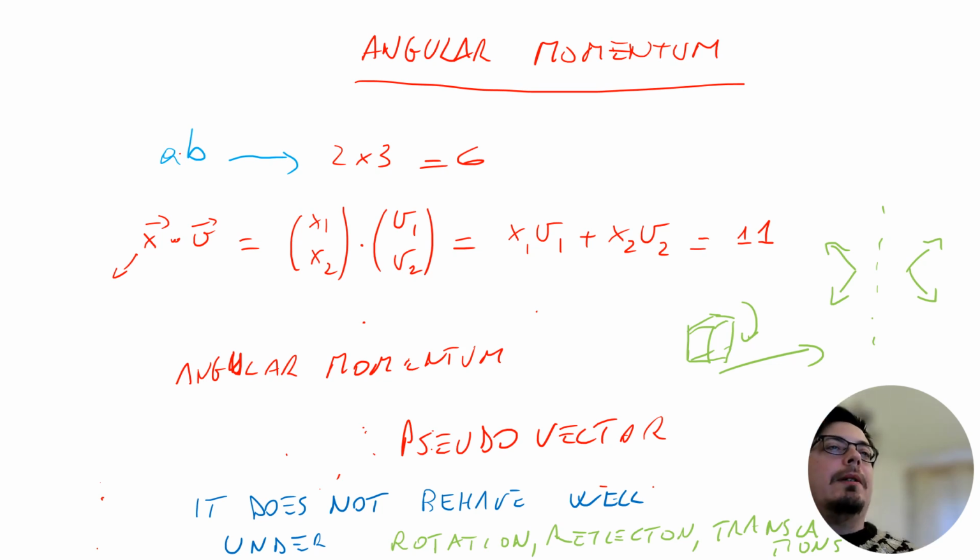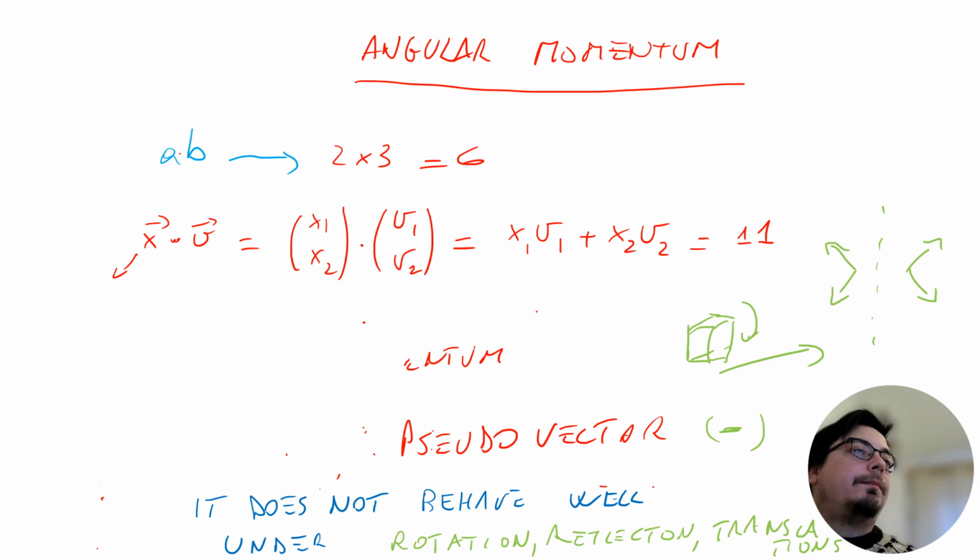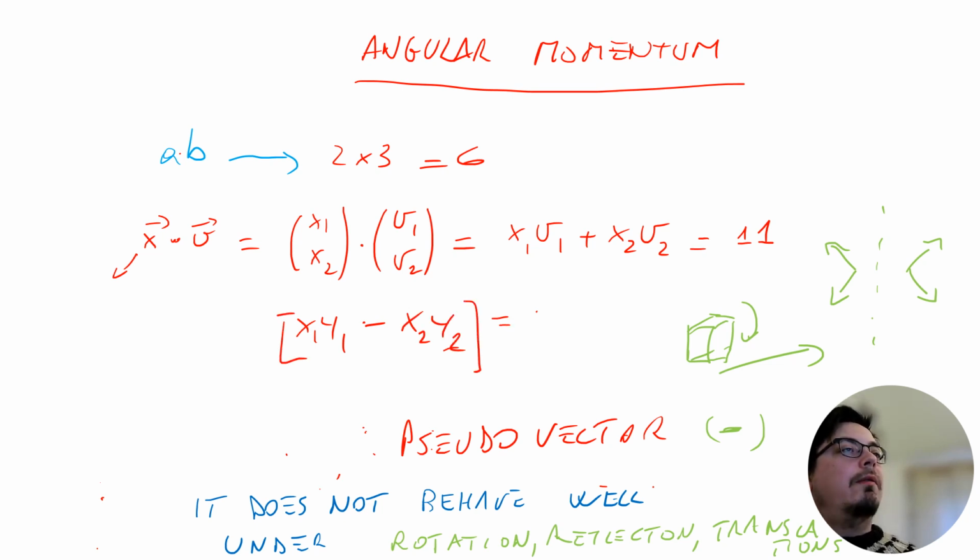It picks up a minus sign, which is necessary for the physics to work, but it's a mathematical sign, and you can see easily in the definition that I showed you before that there was a minus, right, between the components x1 y2 minus x2 y1. If you just interchange x and y, you flip a minus, right?